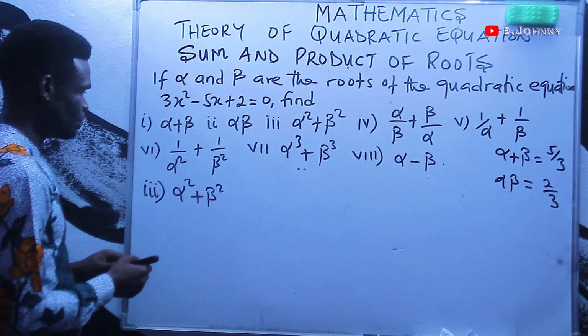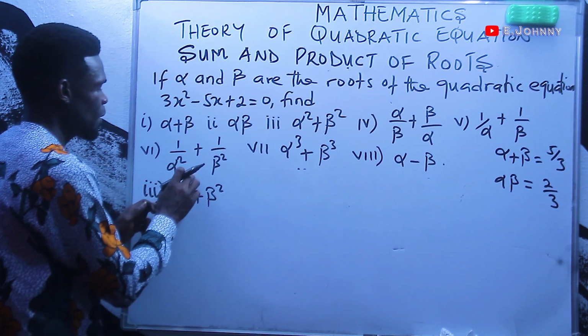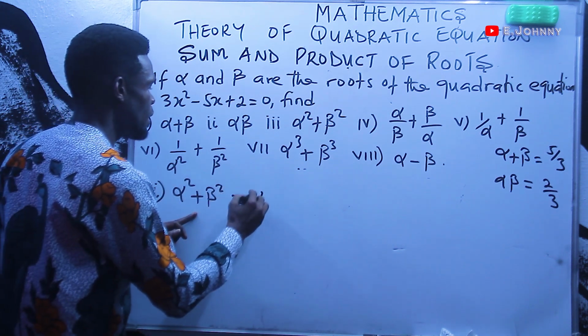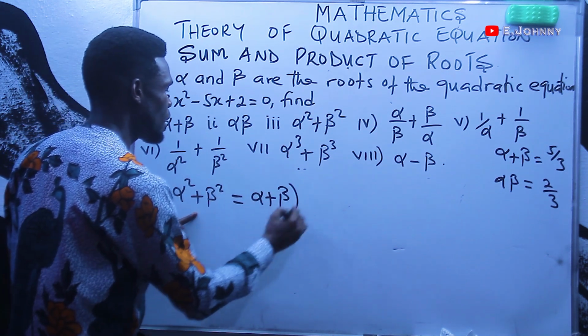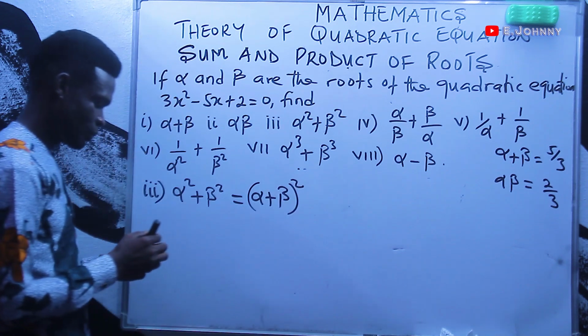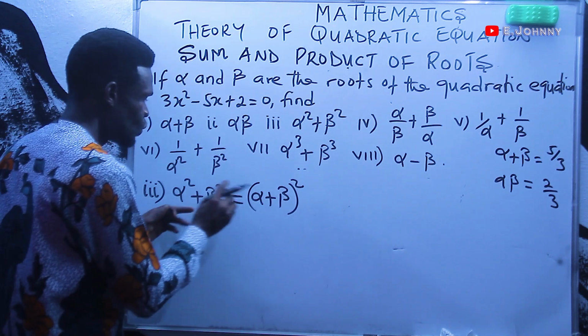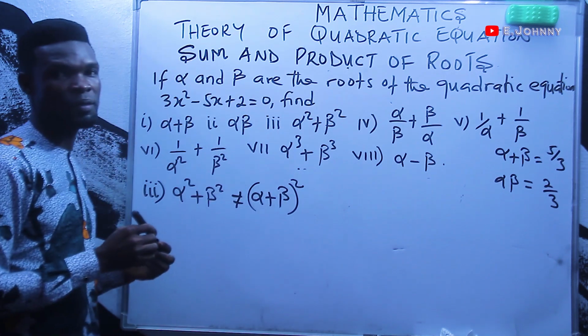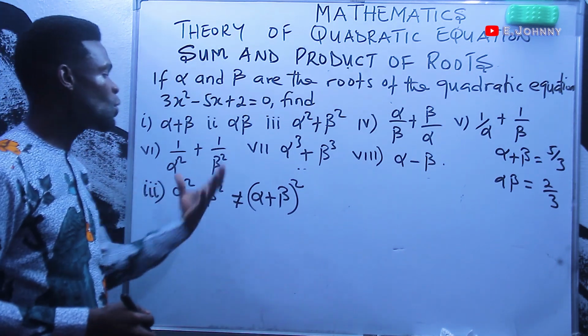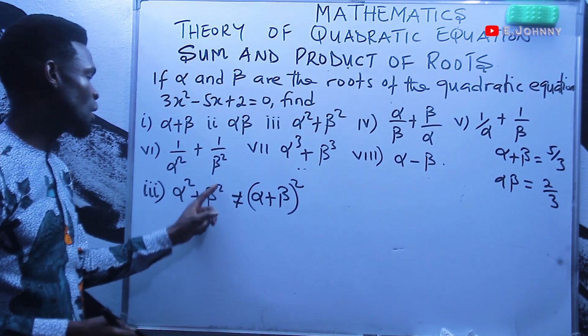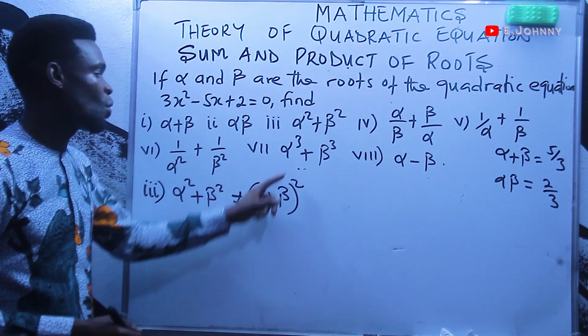First thing is, we can write alpha squared plus beta squared as alpha plus beta all squared. But let me say this is not equal to this, no doubt. But why do we represent alpha squared plus beta squared as alpha plus beta all squared?